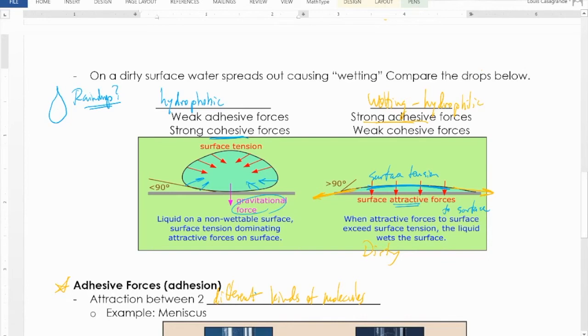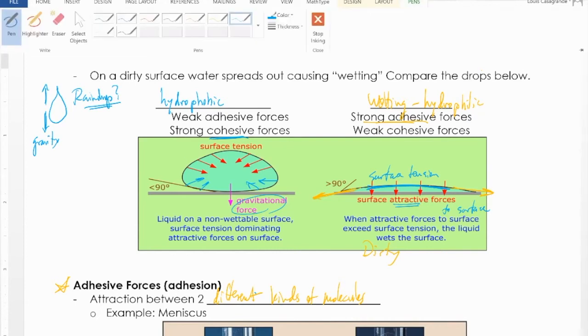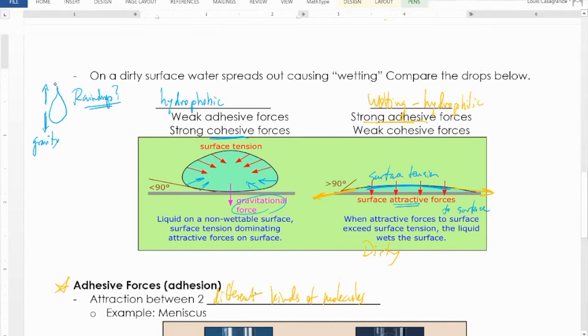The water is trying to form a sphere, but there's something that's pulling it up here. So something must be pulling up and something must be pulling down. What's pulling down is gravity, and so we know gravity is always acting. But what's pulling up is something else. So this would be the shape of a water drop if it's hanging off of a branch or something.